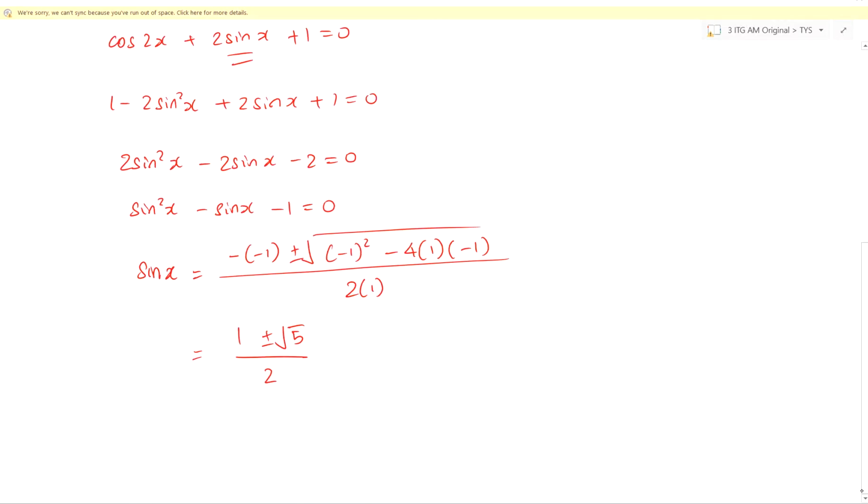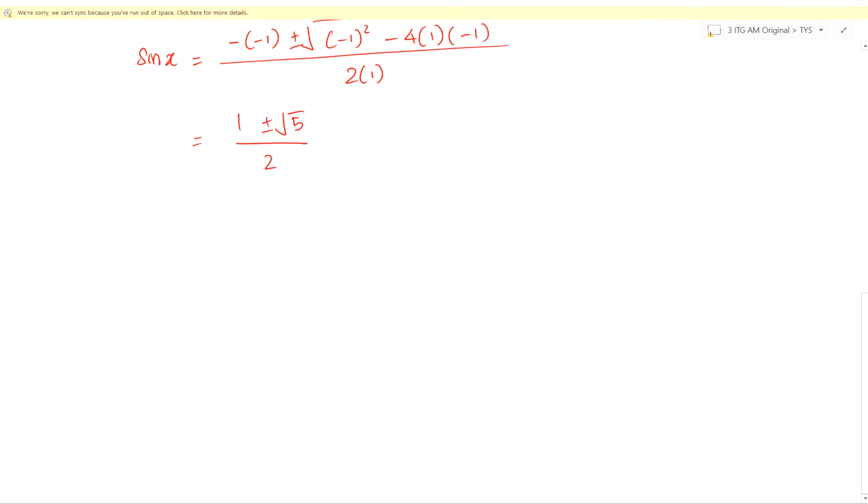Okay, so square root 5 itself, sine x over here gives us two possibilities, 1 minus square root 5 over 2, or 1 plus square root 5 over 2. Now this is a value that is greater than 1. 1 plus root 5 divided by 2, yeah, that's about 1.6. So we cannot have sine of an angle giving us a result of more than 1.